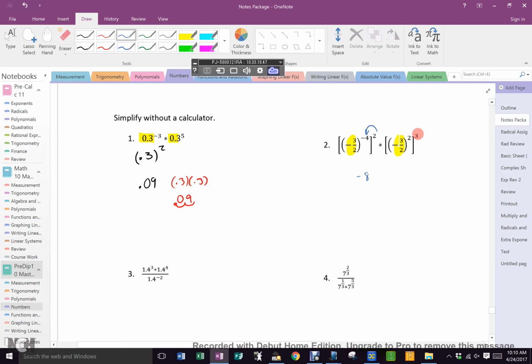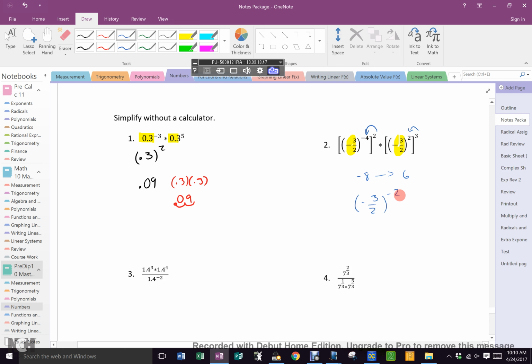Negative 8. What is my exponent here going to be? 6. Since they're still the same base, what do I do here? Add them to get what? So now I have negative 3 halves to the negative 2, correct?